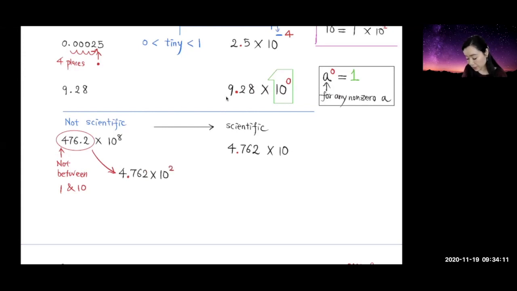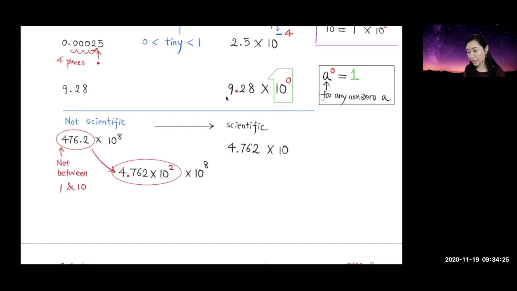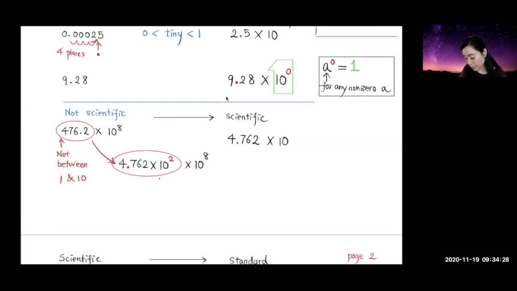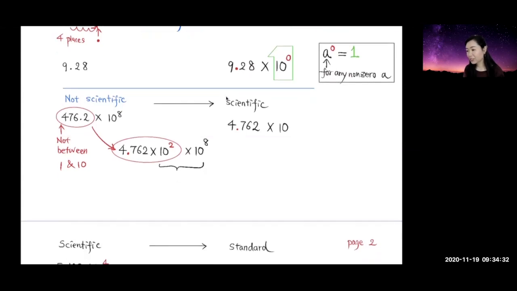Okay, so for that part right here, now we are multiplying this by 10 to the 8th power. Then what happened over here is 10 to the second times 10 to the 8. These two can combine, right?